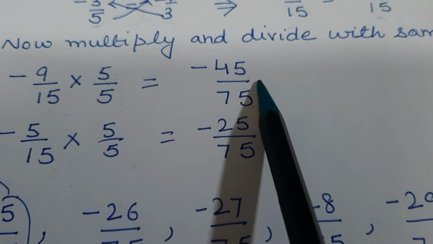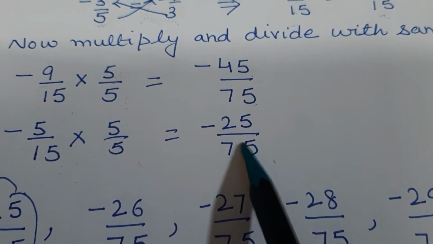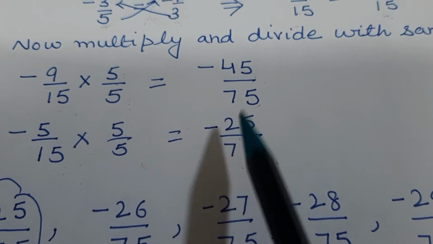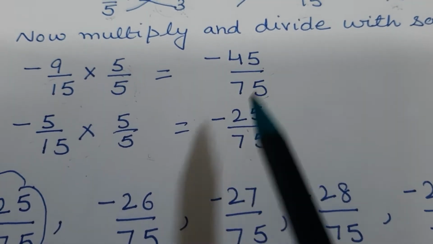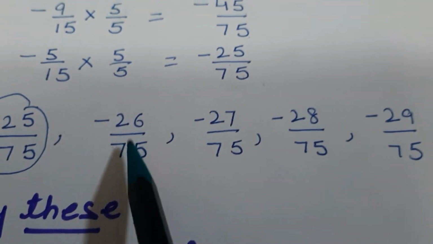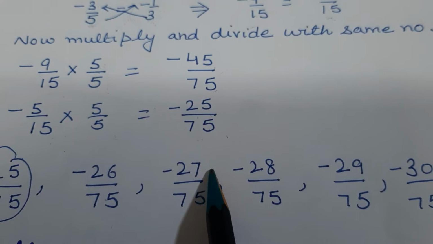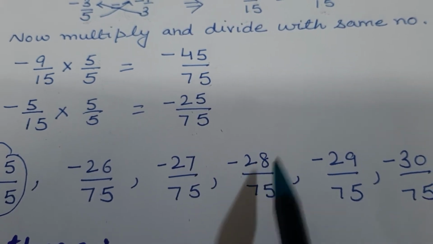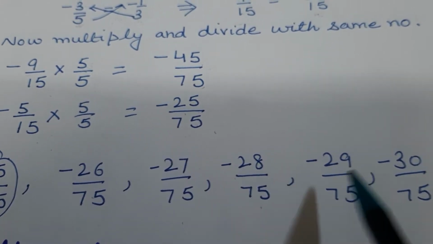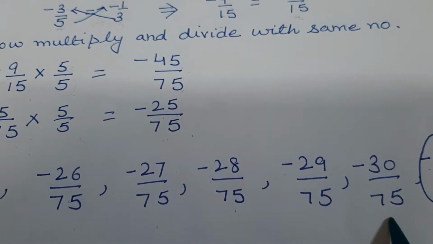Now these two are rational numbers. We will write different rational numbers between these two. This is minus 25 over 75, right, next minus 26 over 75, minus 27 over 75, minus 28 over 75, minus 29 over 75, minus 30 over 75.